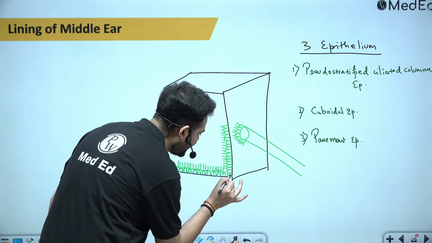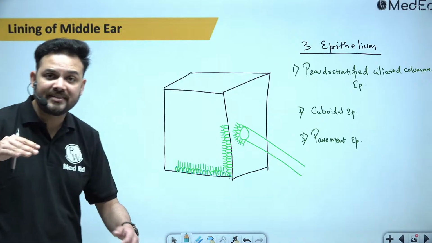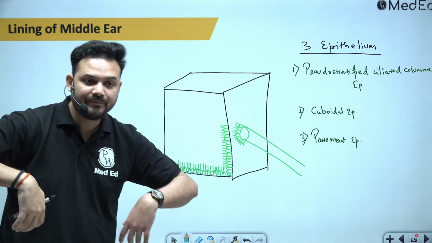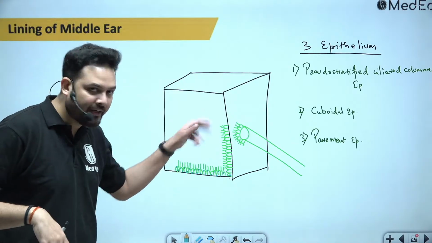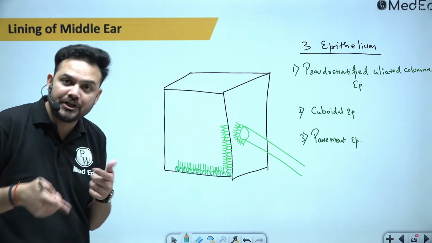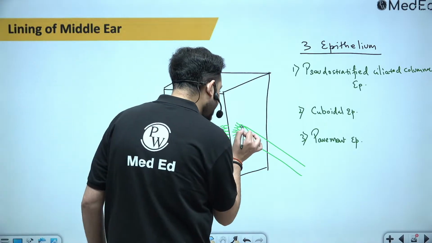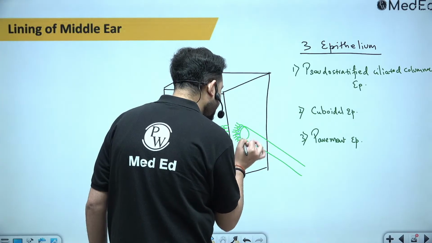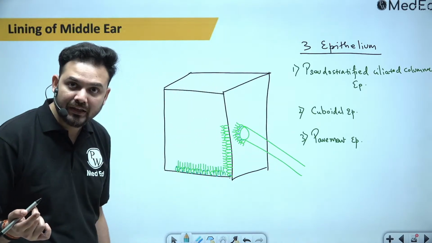They are ciliated type and they are columnar. They are present in the anterior wall and the floor as well as around the eustachian tube opening.